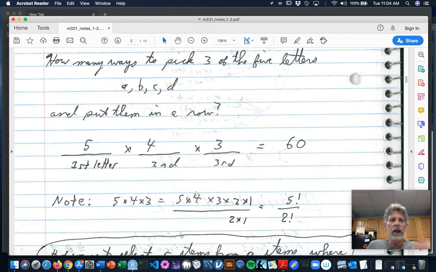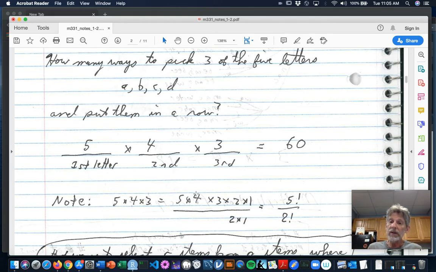Try another one. How many ways are there to pick 3 out of the 5 letters A, B, C, D, and E and put them in a row? So notice that I stated that as 2 tasks put together: pick 3 out of the 5, and then put those 3 in a row. But you don't have to think of it that way if you don't want. You can come up with another sequence of tasks that does the equivalent thing.